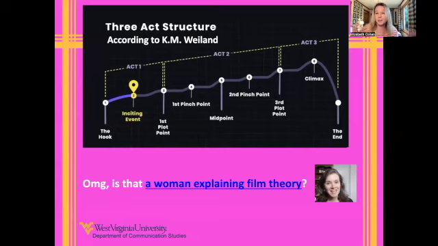It's going to focus on Jurassic Park a lot, which is great. And KM Weiland, who's this very famous expert in narrative, is going to talk about why she considers it the exemplar of fantastic film storytelling.